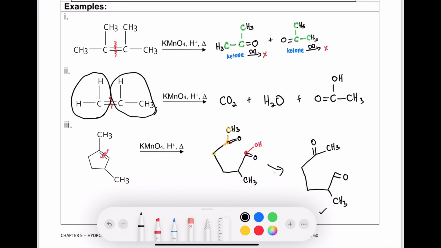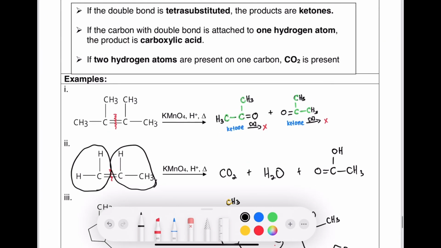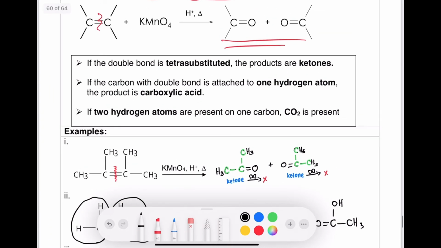The oxidative cleavage involves acidified potassium permanganate or potassium dichromate.